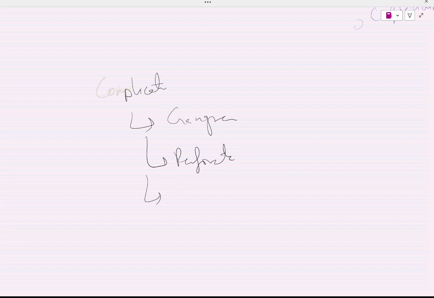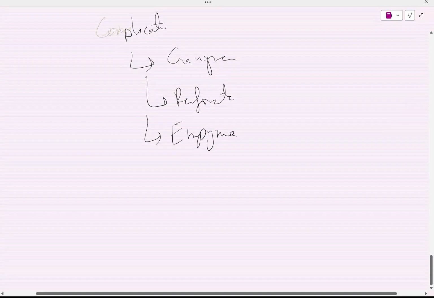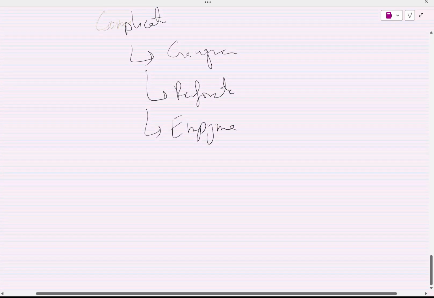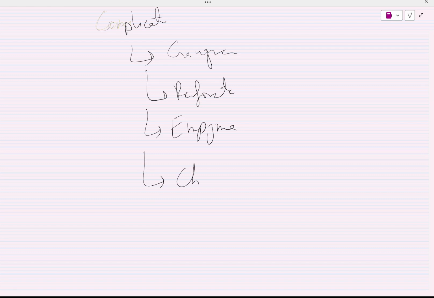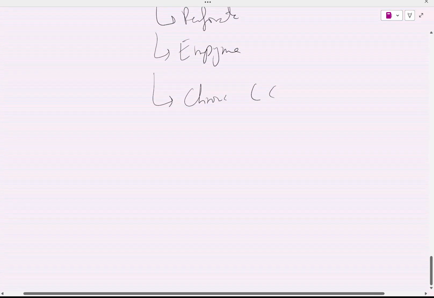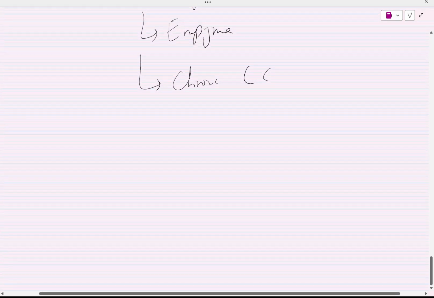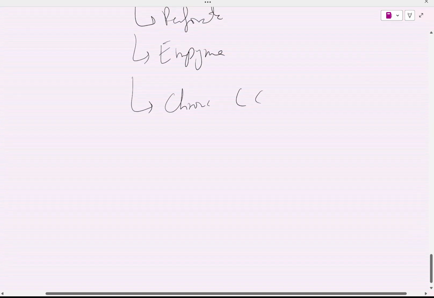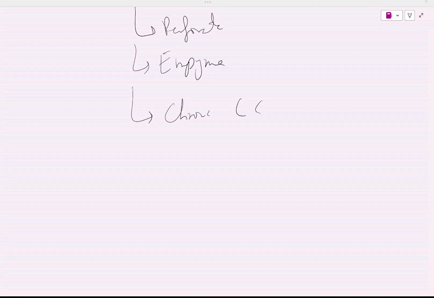There can be development of pus in the gallbladder, empyema, a distended pus filled gallbladder, or it can lead to chronic cholecystitis. These are the complications which can develop if there is no acute cholecystitis treatment. That's all about acute cholecystitis. Thank you so much.